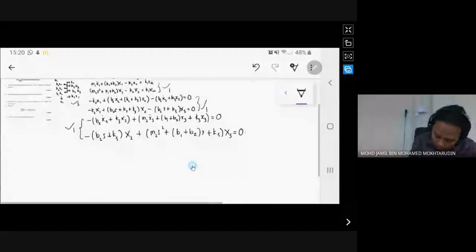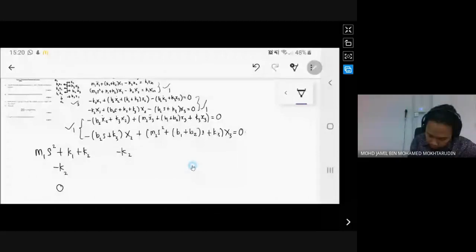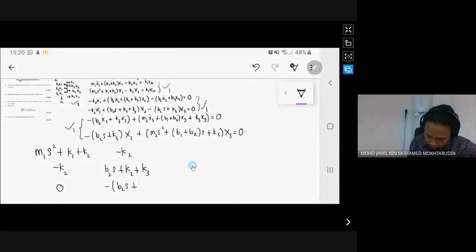So in matrix form, this will become M1 S square plus K1 plus K2, minus K2, 0; minus K2, B2S plus K2 plus K3, minus B2S plus K3; 0, minus B2S plus K3, M2S square plus B1 plus B2S plus K3.